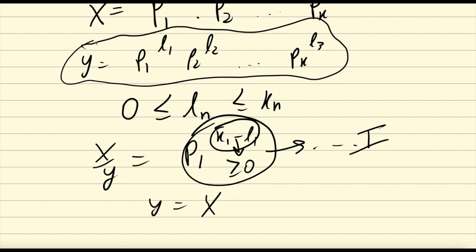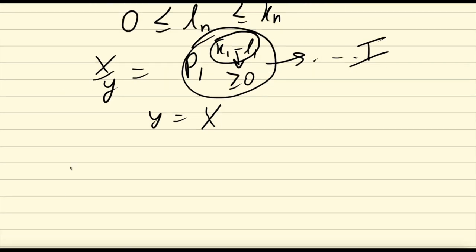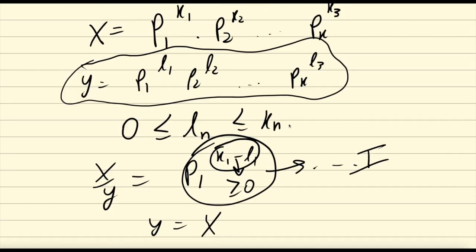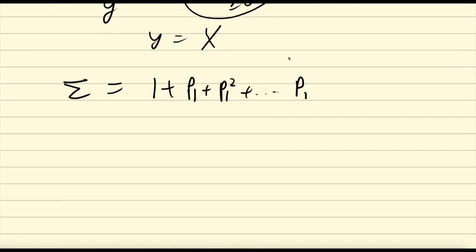So now I want to find a sum of all these factors. Well, so now I'm just going to write this down. You can write the sum of all factors of x as 1 plus p1 plus p1 square up until p1 to the power k1, right? And you can do this for all prime numbers, all the prime factorization of x. Now let me explain how it works.